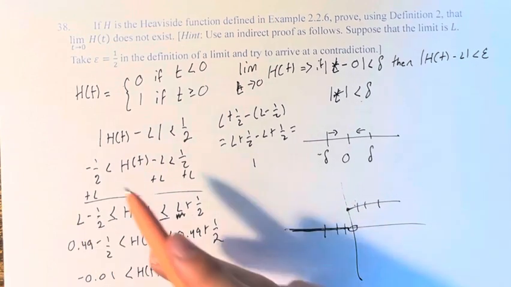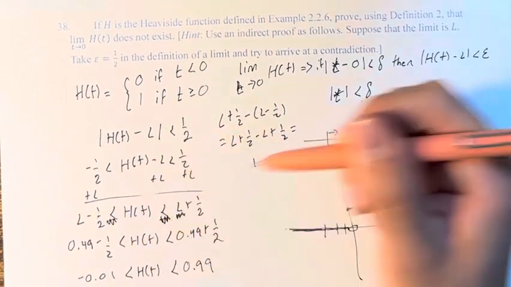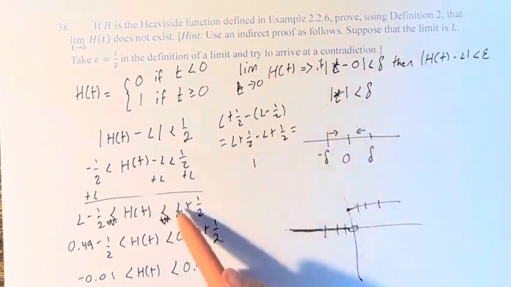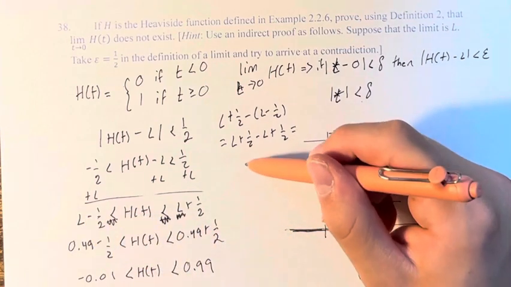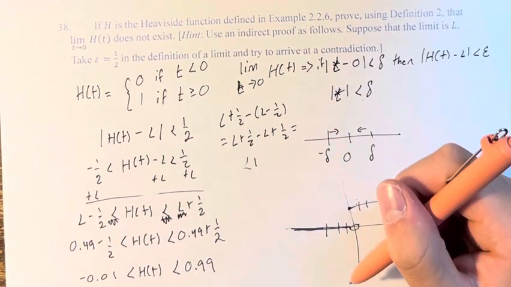However, it's not less than or equal to, it's just less than. So the difference between the highest possible point and the lowest possible point within this range is not 1, it's just slightly less than 1.